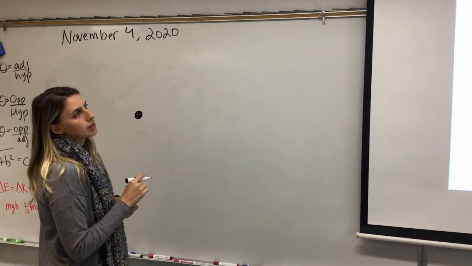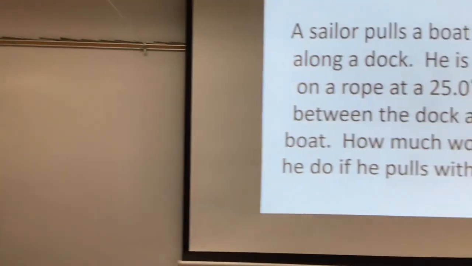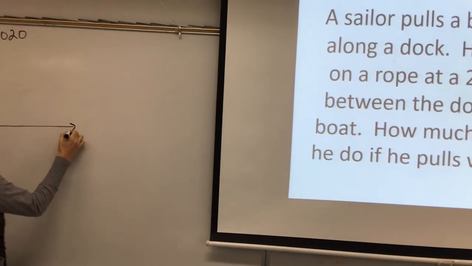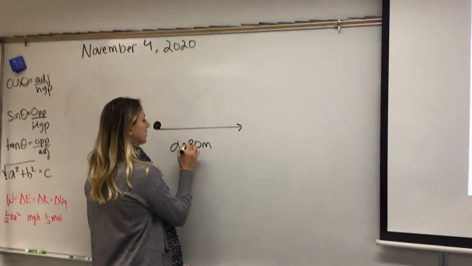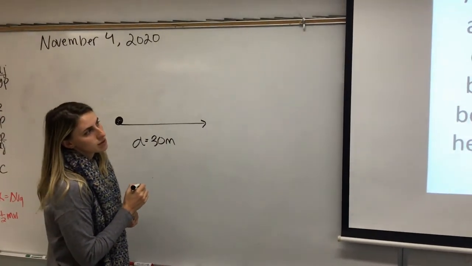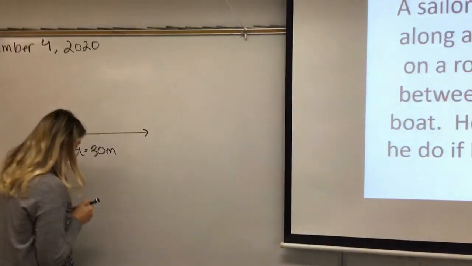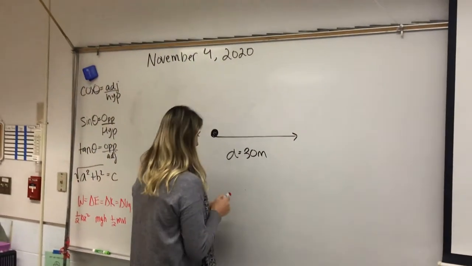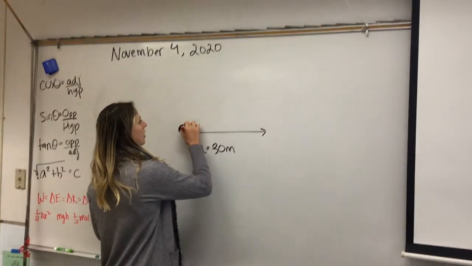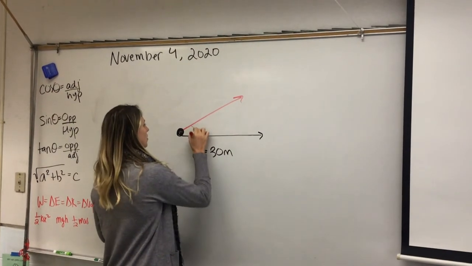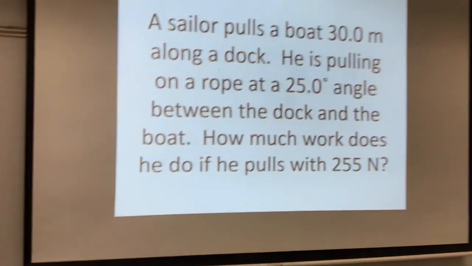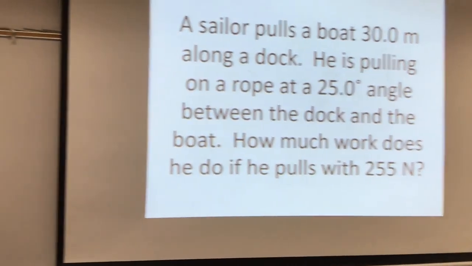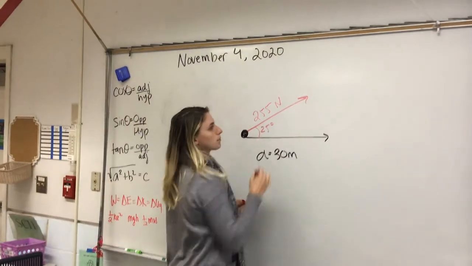So he's going 30 meters this way. That's a displacement, put a little d there. He pulls on a rope at a 25-degree angle, so we'll make it look like this. And how much force? He pulls with 255 newtons.